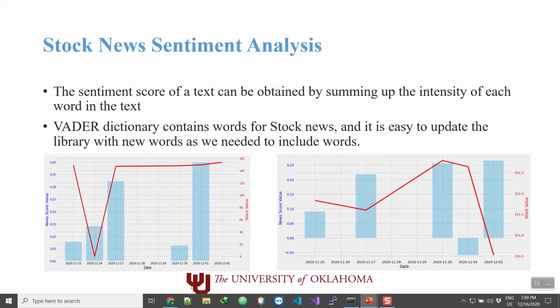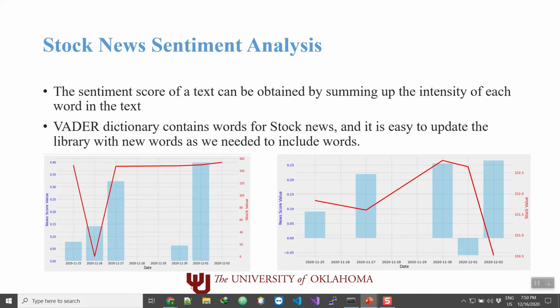And the dictionary contains words for stock news, which is one of the reasons why I chose this sentiment analyzer, rather than other NLP libraries available for Python or other programming languages. It's also really easy to update new words.